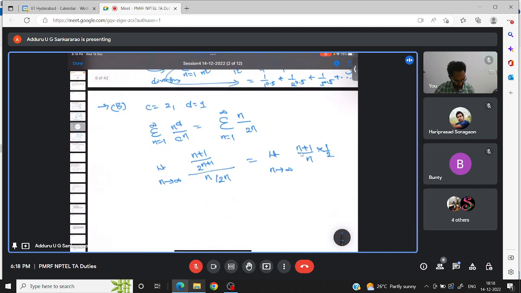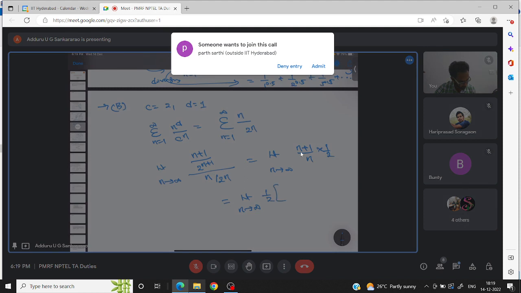So this will be limit n tends to infinity 1 by 2 into 1 plus 1 by n.